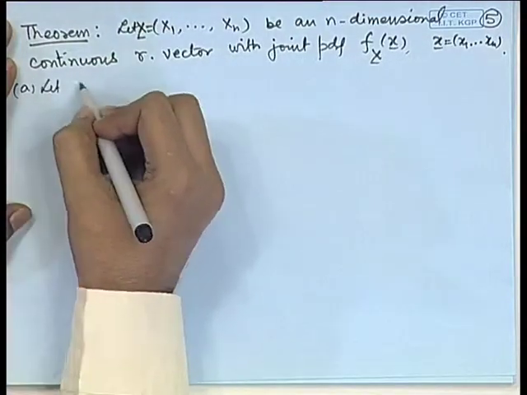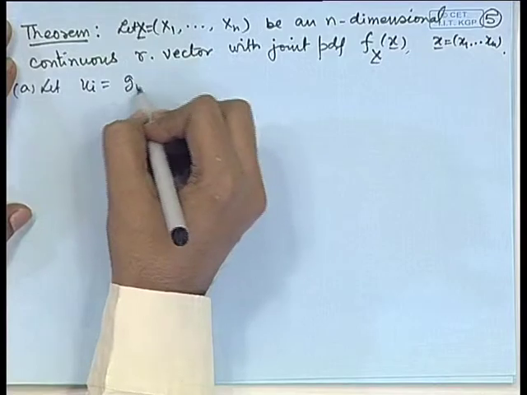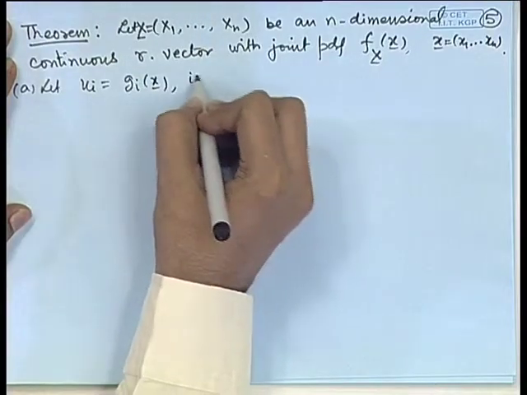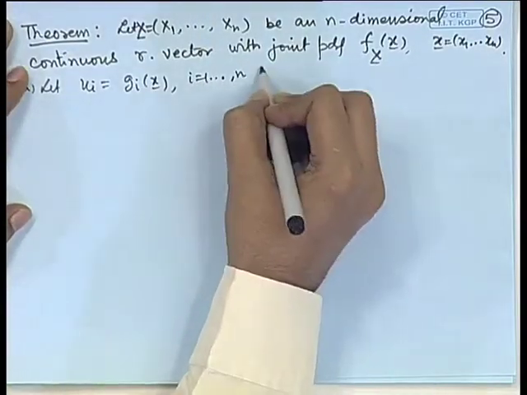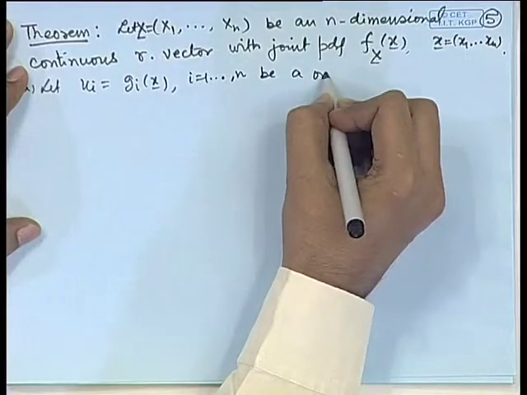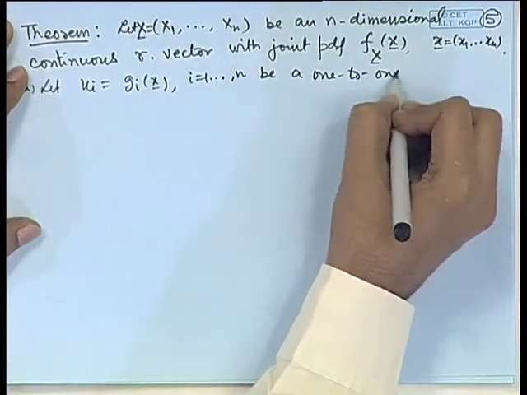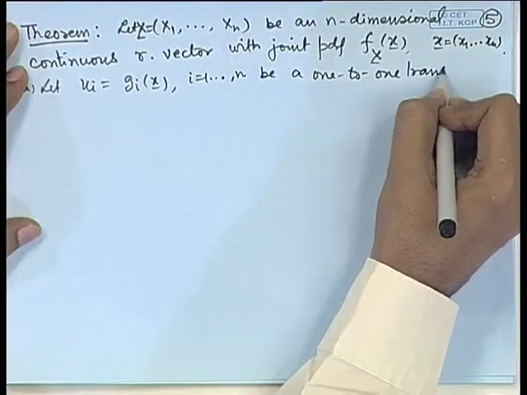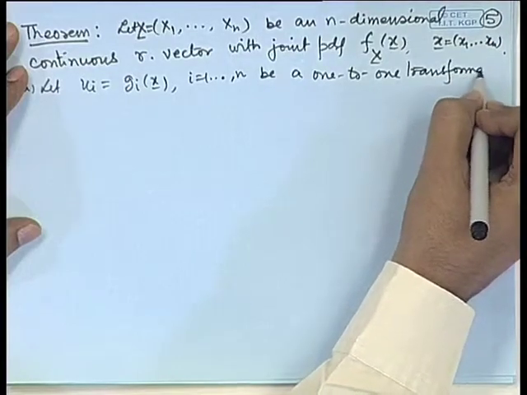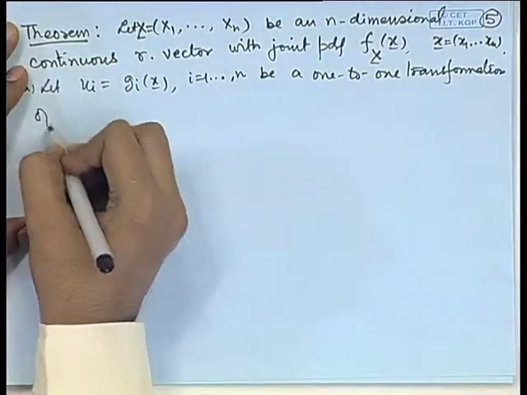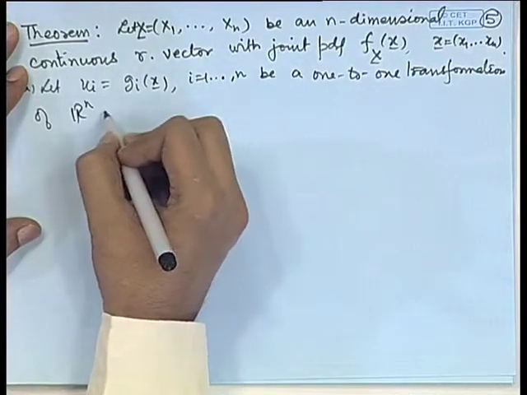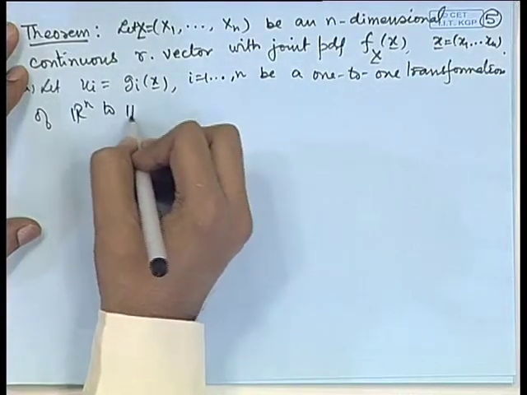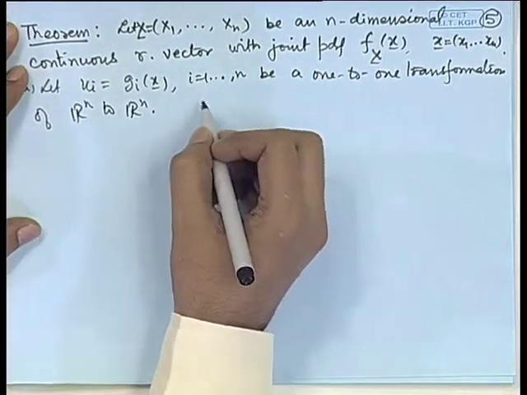Let u_i = g_i(x), i = 1 to n, be a 1-to-1 transformation of R^n to R^n.